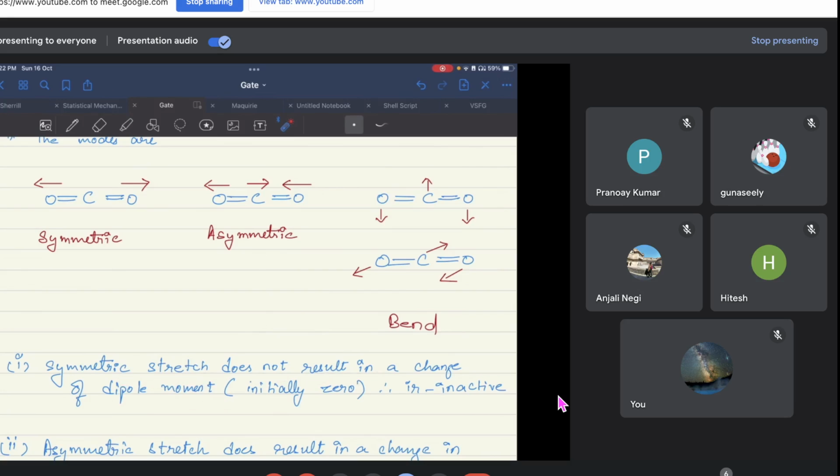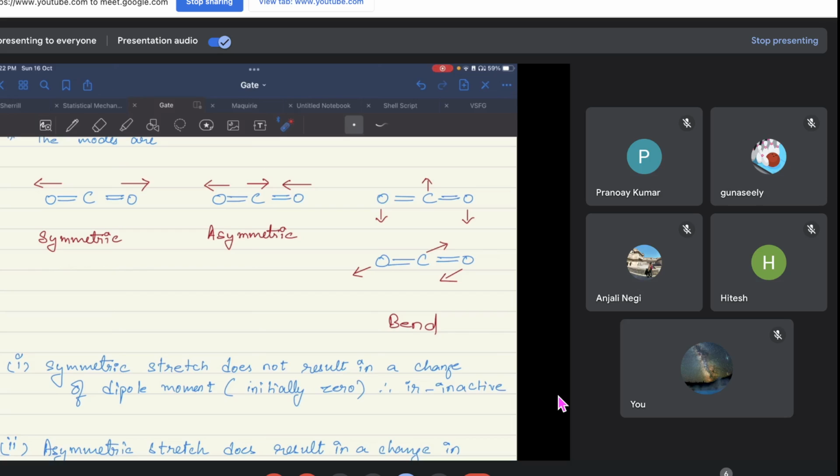So initially for the CO2 molecule, my dipole moment is equal to 0, correct? So that is there initially. But when it is doing the symmetric stretch, the dipole moment change will be 0 because it is a symmetric stretch, and the dipole moment vectors are again pointing opposite to each other.